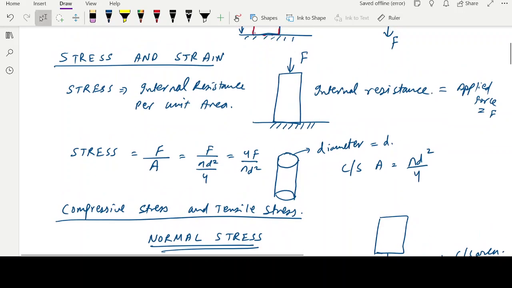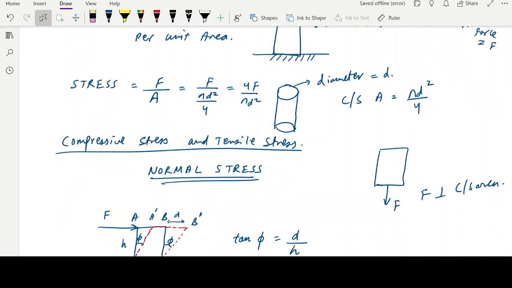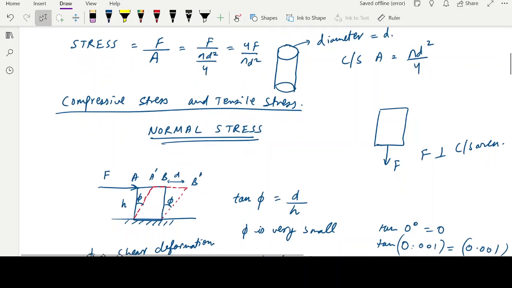Now, stress can be classified into 3 types basically. The first one is normal stress. Let's start with normal stress. Normal stress is the one in which the force acts perpendicular to the cross-sectional area. This is the cross-sectional area right here. Let me draw it in 3D so that you can have a better view of it.